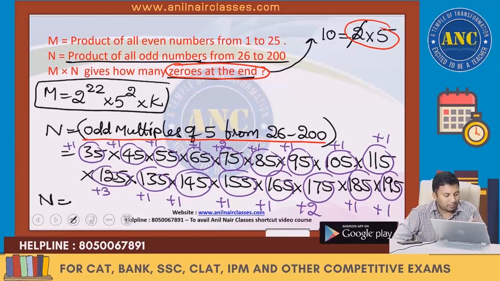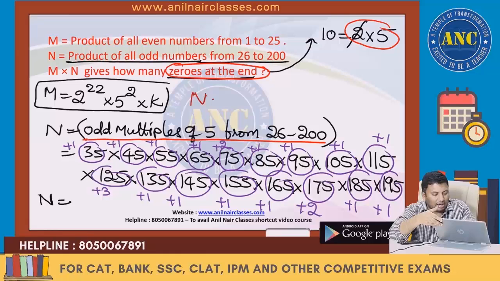So what are the powers of 5 we got? N is nothing but 1, 2, 3, 4, 6, 7, 8, 9, 10, 13, 14, 15, 16, 17, 19, 20, 21. So this is nothing but 5 power 21 into K2.